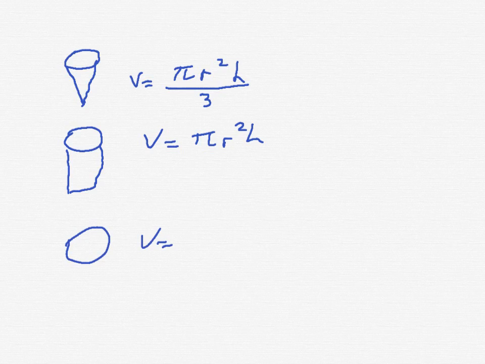Of course, it's 4 pi r cubed divided by 3. All these units will have 3 dimensions. You have a radius squared times a height. That's 3 different numbers. A radius squared times a height. A radius cubed. That's a 3rd dimension.